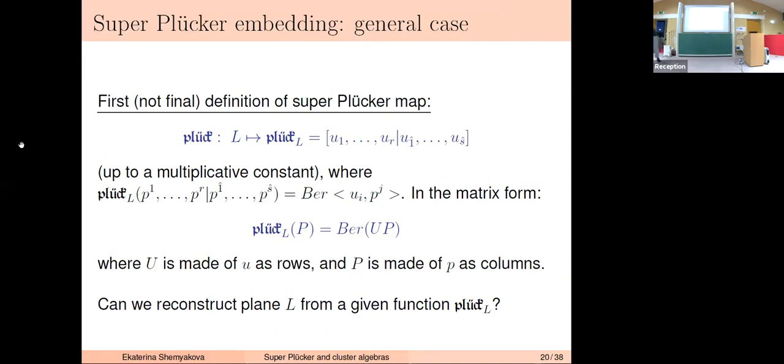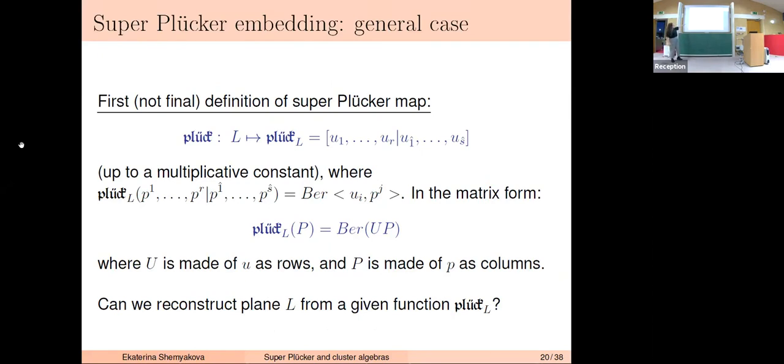Now, are we going to consider only the simple case? No. We're going to consider the general case. We have these examples of functions f, right?